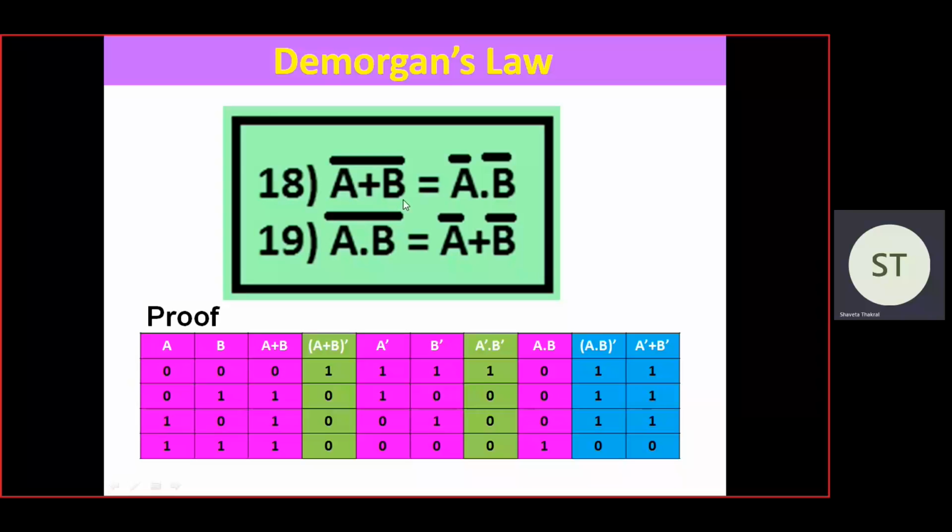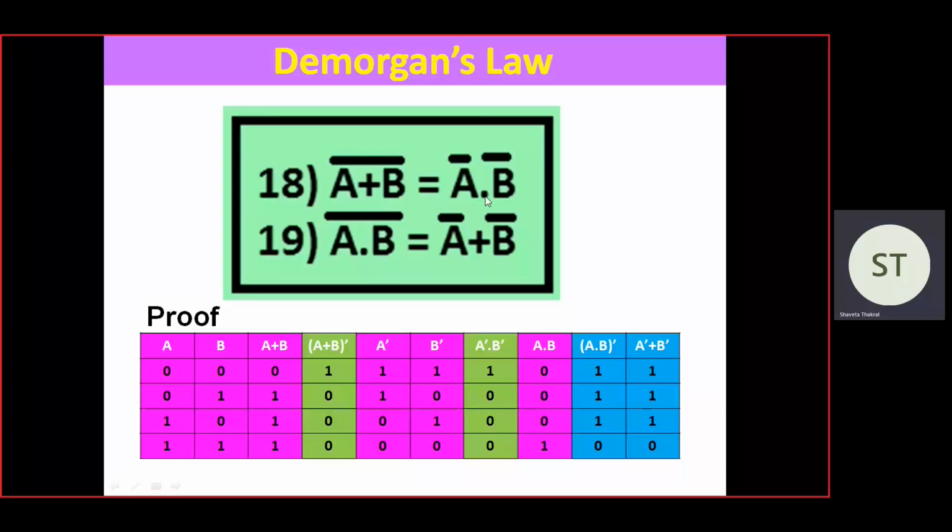Or in simple terms we can remember this as break the line and change the sign. Like here we have whole complement, that we break to the individual variable. We take complement of A and complement of B individually, and instead of plus sign we put the dot sign. So we can say break the line and change the sign.